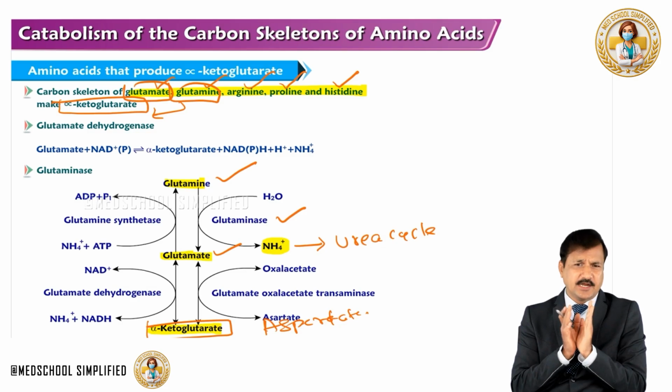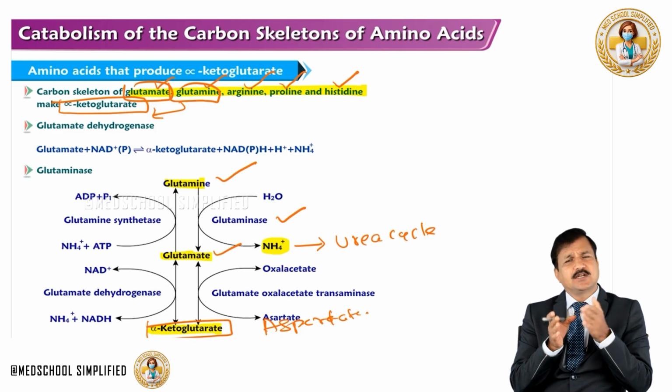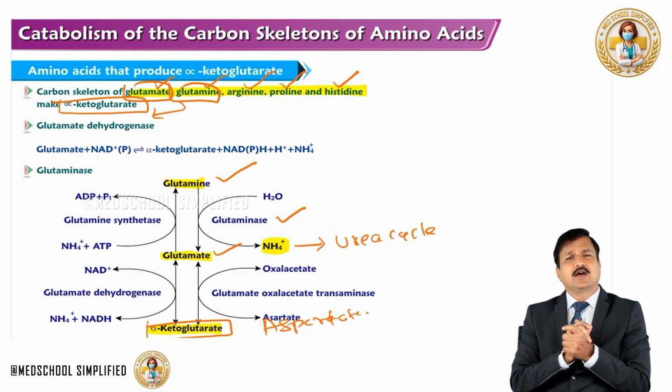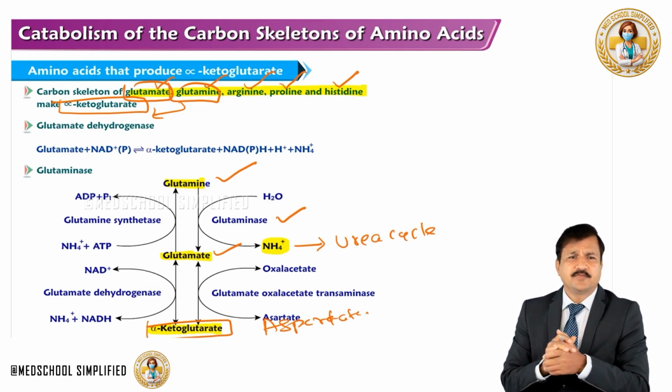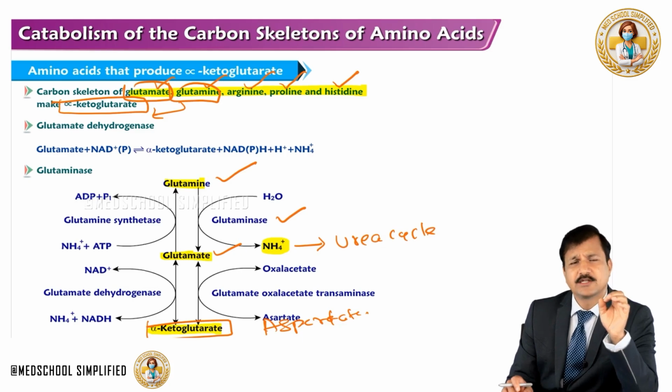We are not looking at the synthesis of amino acids here, because we have already seen that with glutamate dehydrogenase and glutamine synthetase, in the fate of amino group nitrogen and transamination reactions. Anyway, these are the two enzymes that convert glutamine and glutamate to alpha-ketoglutarate: glutaminase and glutamate dehydrogenase. I have also explained the importance of glutamate dehydrogenase in the transamination reaction.